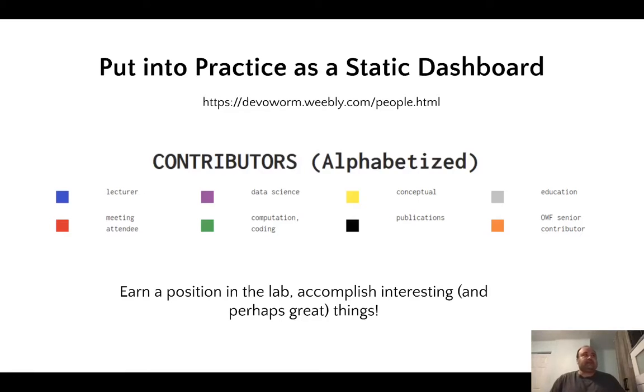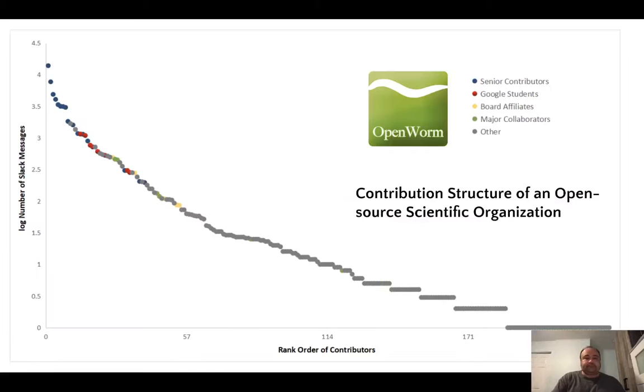So as long as you apply yourself, you can earn your own niche. And then, of course, you can go to other places with that skill set, and it opens doors for you, perhaps. This is the structure of an open source scientific organization.